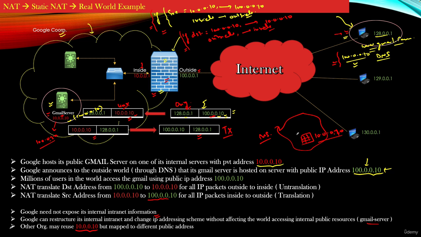The only difference is that Microsoft has to map this private address to some unique public address, which should not conflict with any of Google's public addresses or any public address in the world. So let's say 100.0.0.11. So for Microsoft, its web server has a private address 10.0.0.10, but mapped to a public IP address which is 100.0.0.11. So you can see that private addresses are very much reusable. They do not have any scope or visibility outside the intranet.